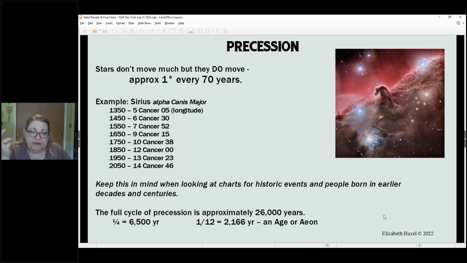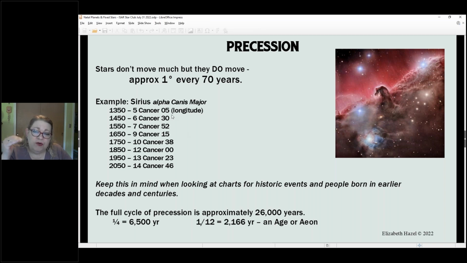So precession. Stars don't move much, but they do move approximately 1 degree every 72 years. So my sample star is Sirius, Alpha Canis Major, the largest star in our visible range. Sirius is actually, I think, a triple star, and it's the brightest star in the sky.